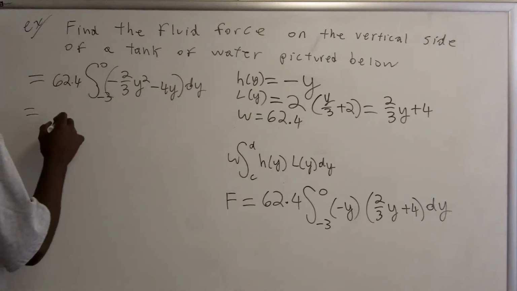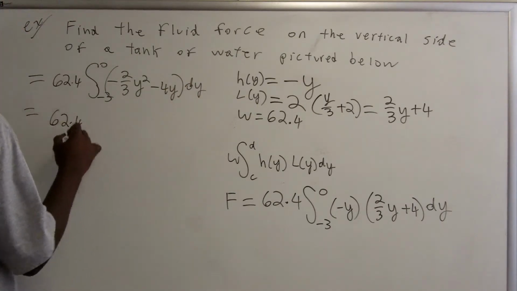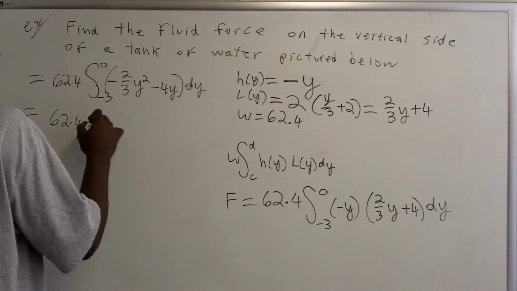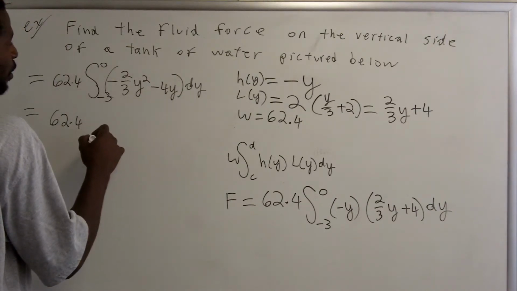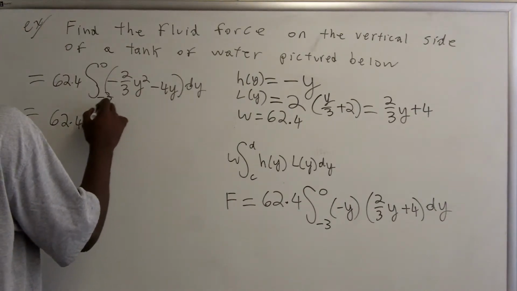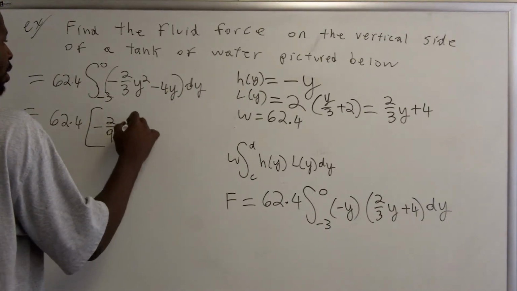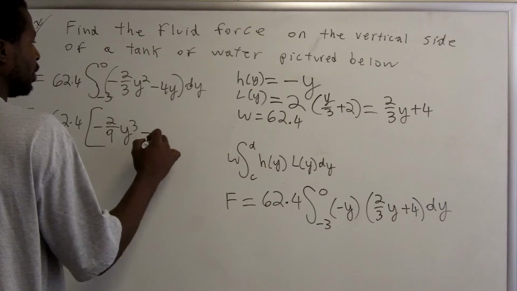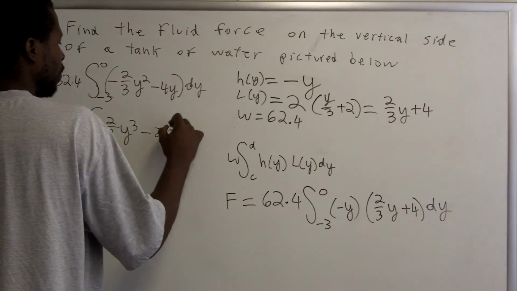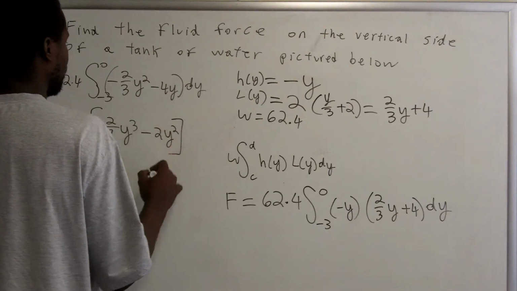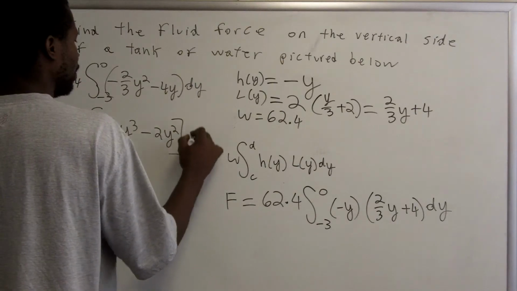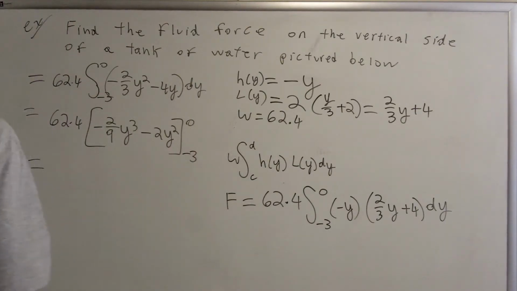Okay, so this is equal to 62.4 times, and when we integrate this, adding 1 to the exponents, we get -2/9 y cubed minus 2y squared from -3 to 0. Let's see what we get here.